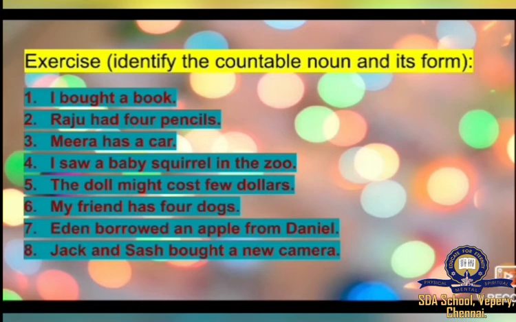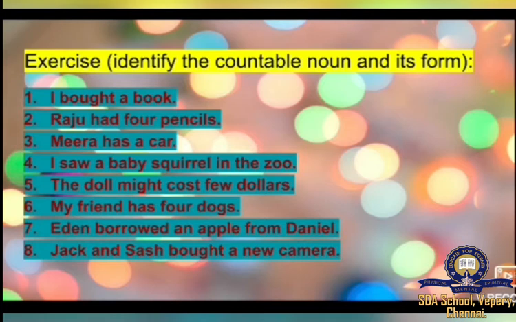So now let's move on to the exercise. I want you to identify the countable noun and its form. First one, I bought a book. Yes, here book is the countable noun and it is in the form of, yes, singular form.